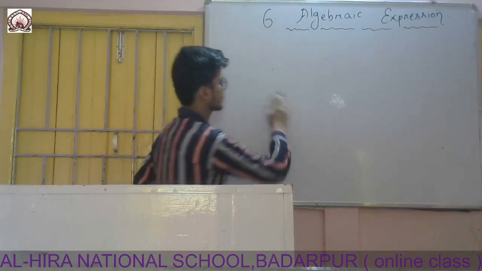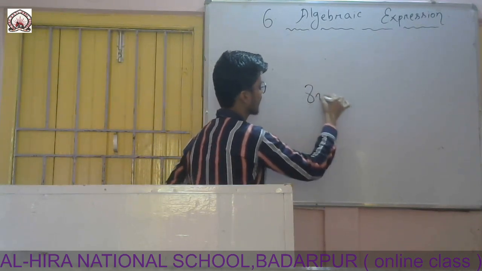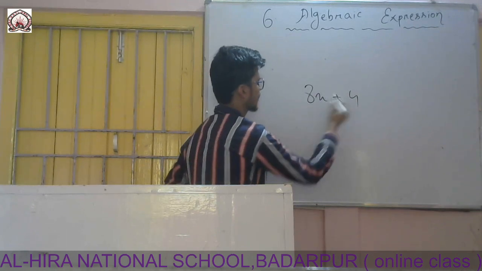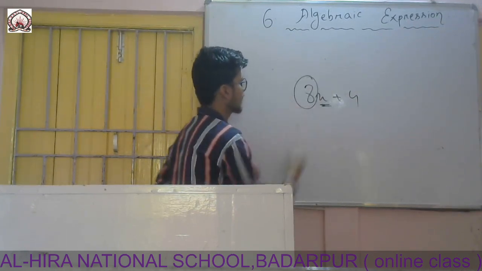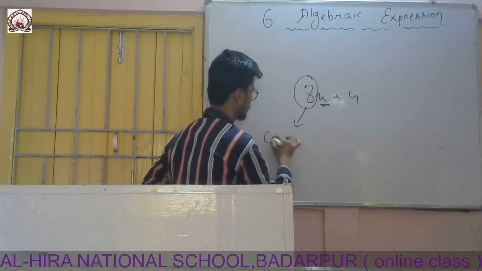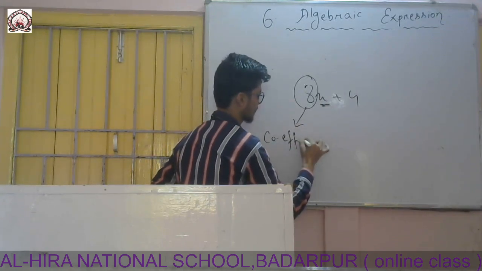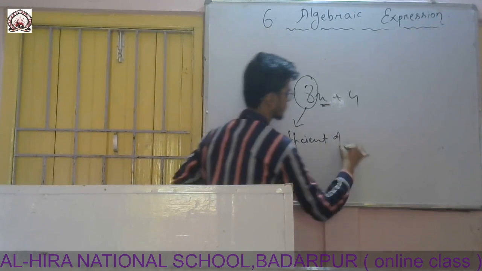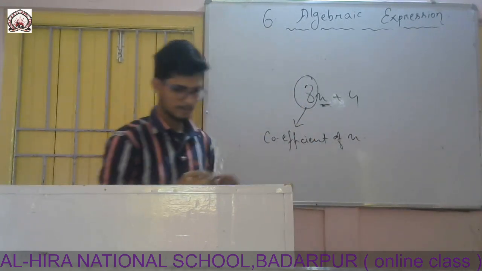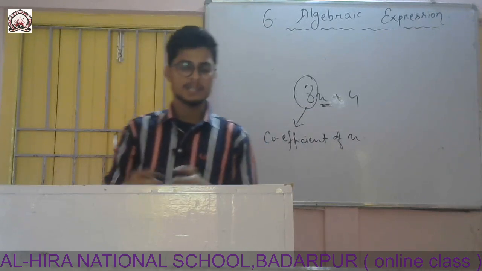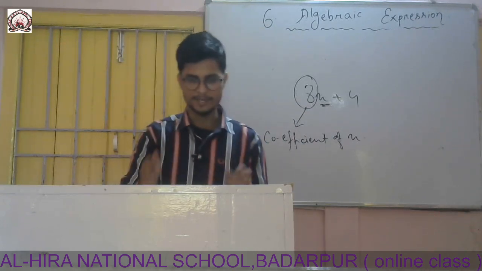So for example, this is an expression 8x plus 4. Here x is the variable and I use 8 to multiply. That means 8 is the coefficient of x. Here 8 is the coefficient of x. So coefficient is a number used to multiply a variable.